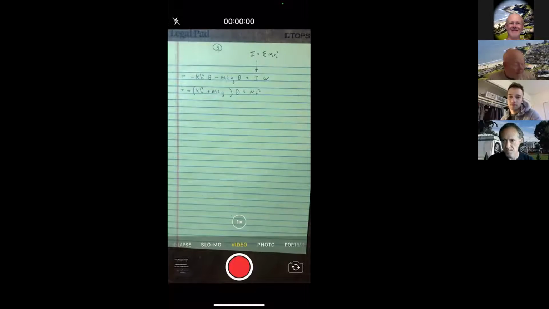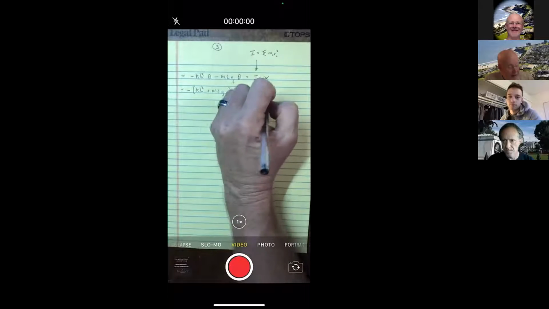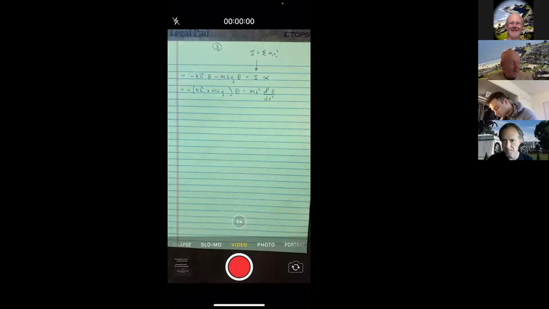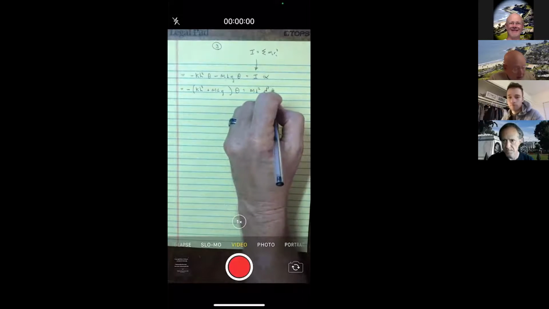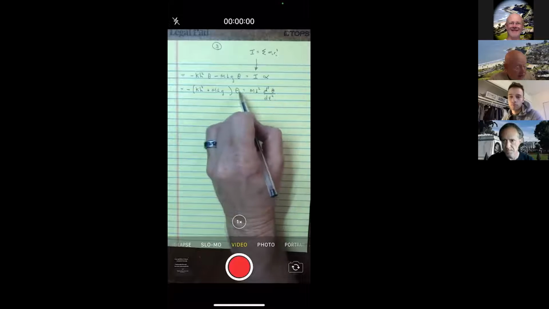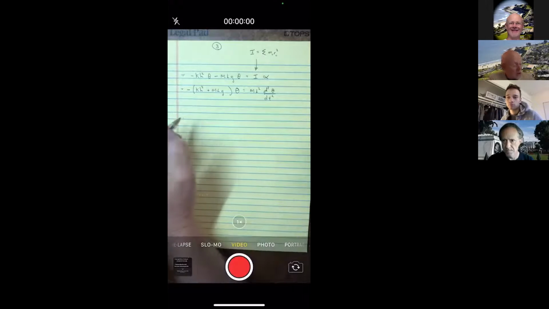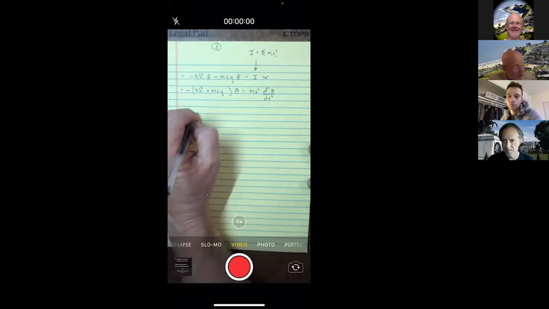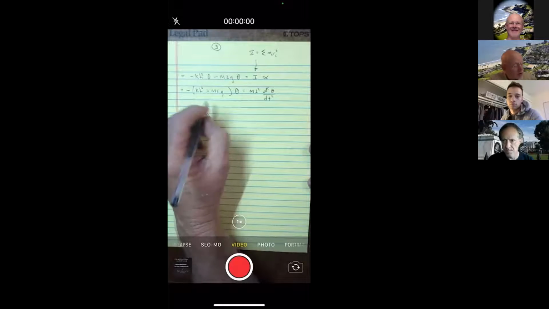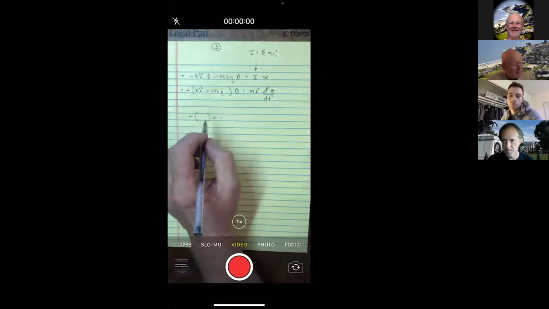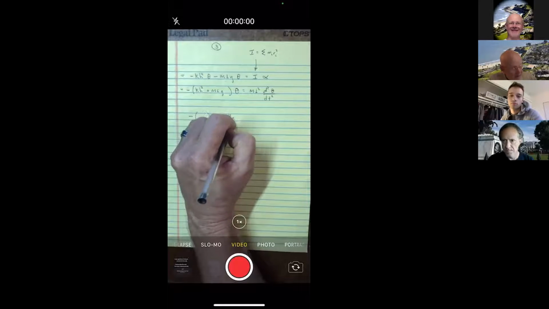And then alpha is actually the second derivative of theta, and theta is the swing angle. So now we are in a position that, if anybody out there listening didn't catch it, we're always looking in this chapter for something that looks like this. You have a negative, you have some kind of function, it could be x, it could be theta, and that equals the second derivative of that same function.